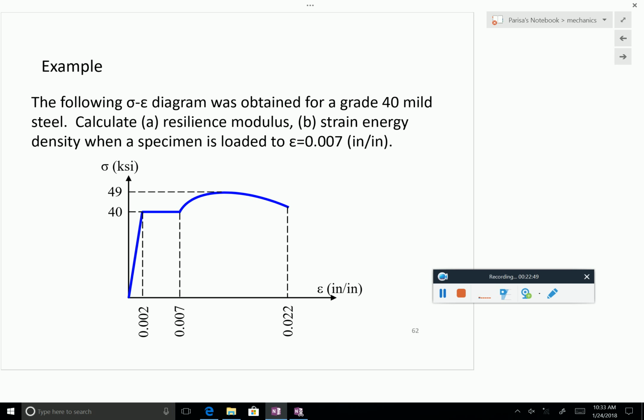Mild steel is a steel which doesn't have much carbon. So it's very ductile. You're going to see that soon. And now, I want you to calculate the resilient modulus and strain energy density when a specimen is loaded up to 0.007.